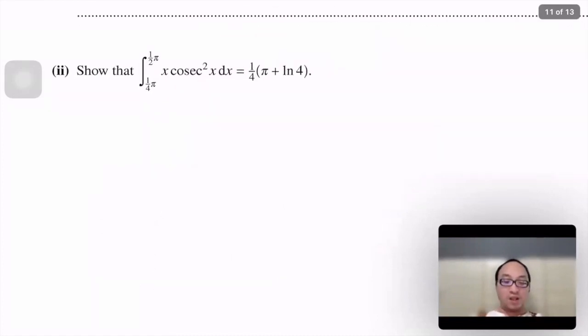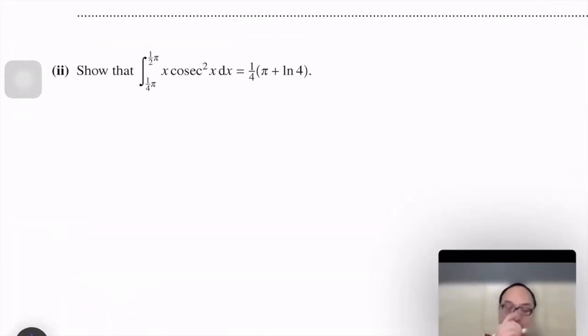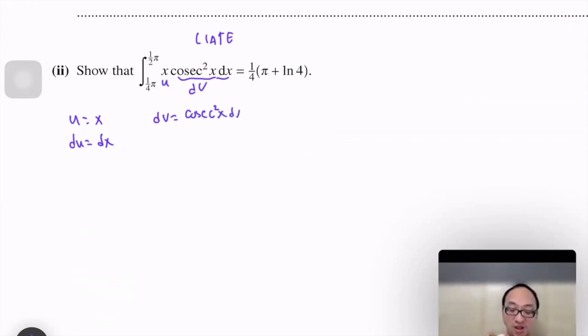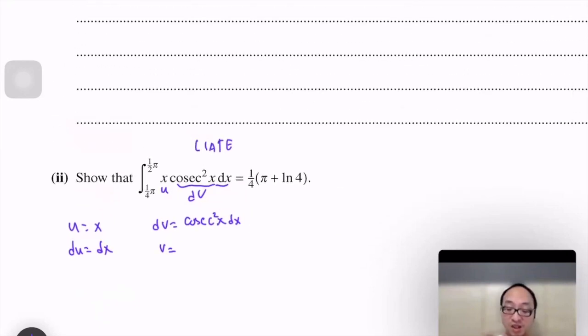Show that the integral of x cosecant square x equals this. Now we have to use integration by parts. So according to the rules, we will have this as u and this as dv. Yeah, u is x, du is dx, dv is cosecant square x dx, and v equals the integral of cosecant square x.